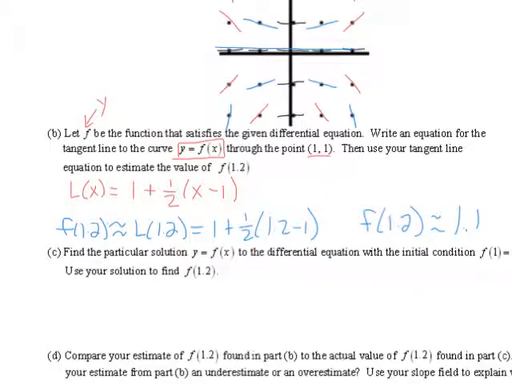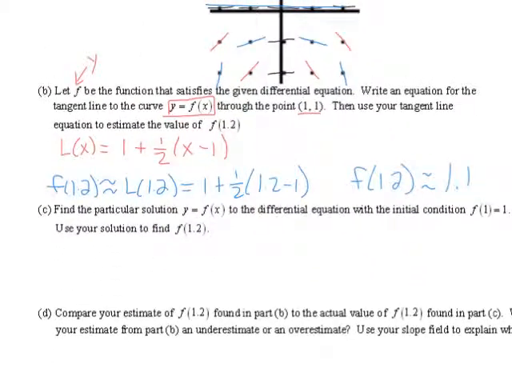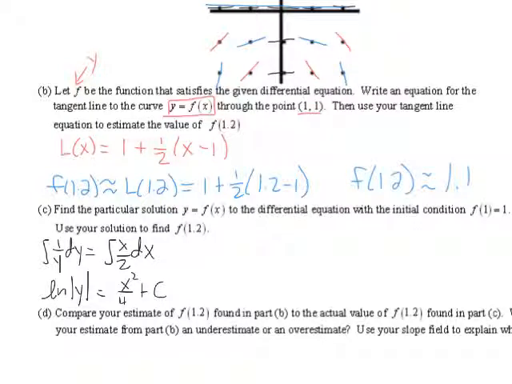Okay. Part C, find the particular solution to the differential equation. So it looks like we're being asked to do separation of variables to find the particular solution. So 1 over y dy is equal to x over 2 dx. So I've separated my variables and now I'm integrating them. I get natural log of the absolute value of y is equal to x squared over 4 plus c.